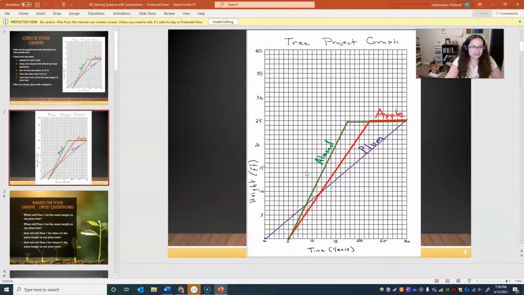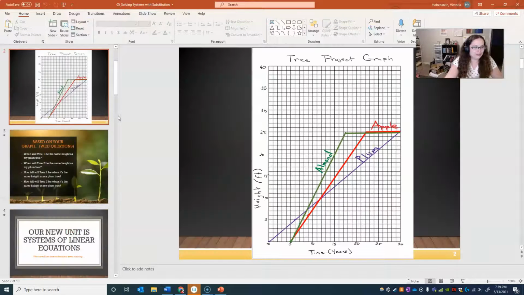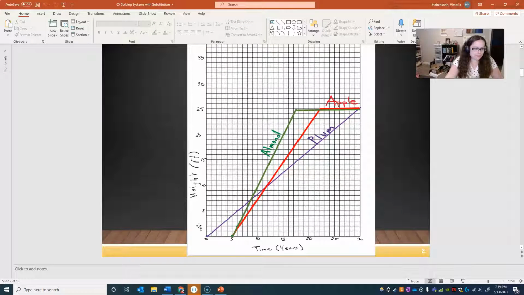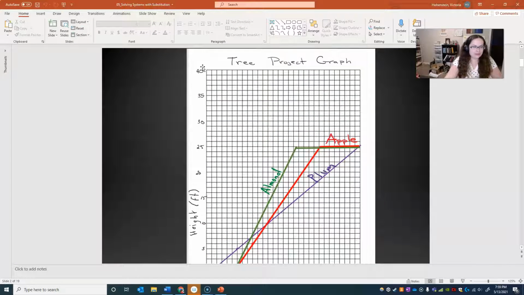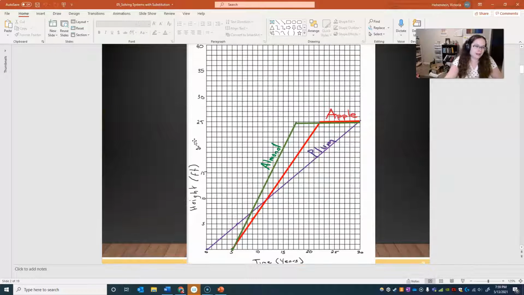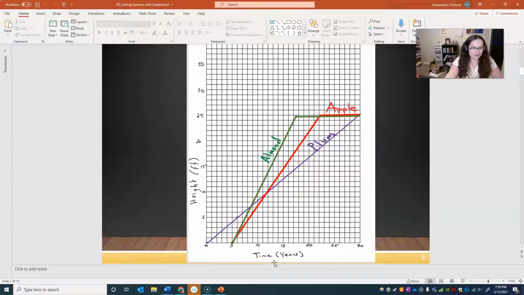Alright, so here is a graph that I made, and I chose to graph a couple of different lines. I just picked a couple. So your graph has 40 boxes vertically and 30 horizontally. I labeled my axes, x and y, and I numbered every 5th box just so I knew where my values were, but it wasn't too messy.